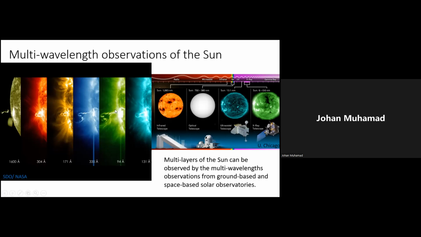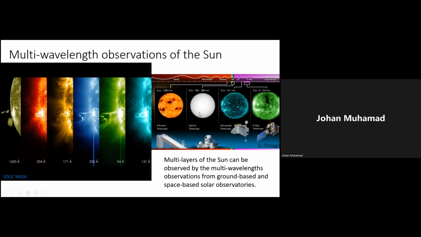and because this is the same object, but we see different layers of the sun. This is maybe in the lower part of the chromosphere, and this is in the corona and other parts of the solar atmosphere.